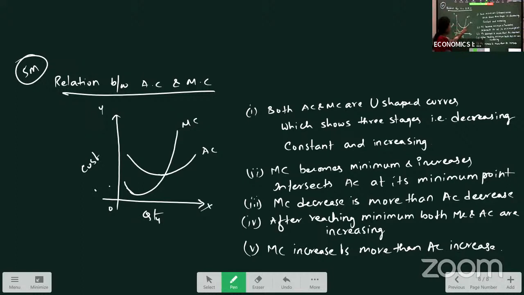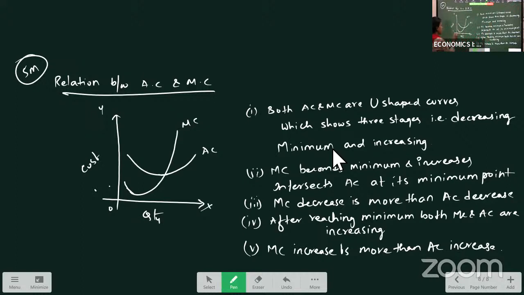Both AC and MC are U-shaped curves. U-shape means it shows three possibilities: decreasing, minimum, and increasing. So you can write here decreasing, minimum, and increasing.